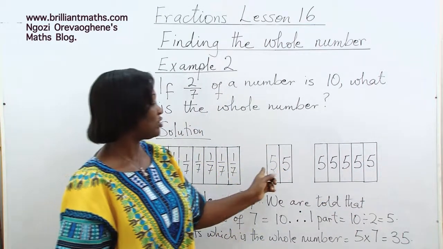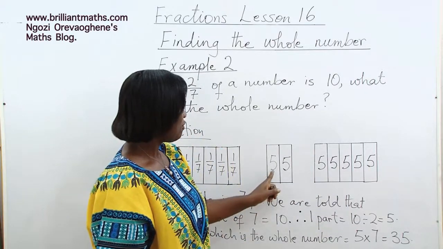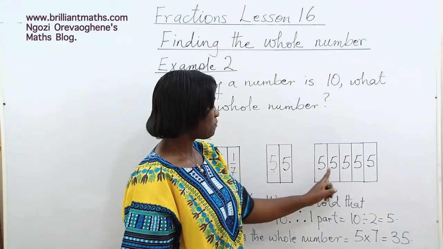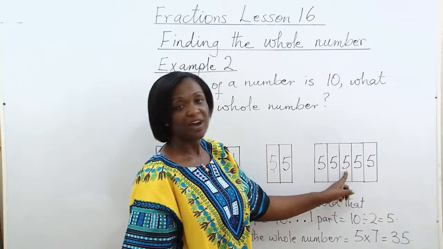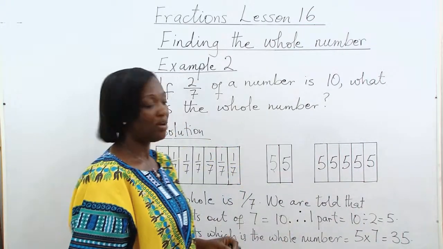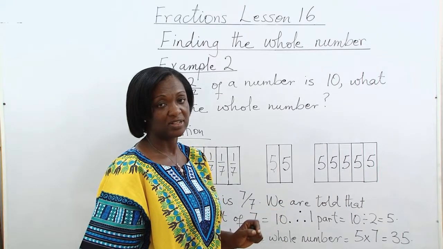So let's find out what the total is, which is the whole number. 5 plus 5 is 10, plus 5, 15, 20, 25, 30, 35. So the whole number is 35. That tells us that our answer is correct.